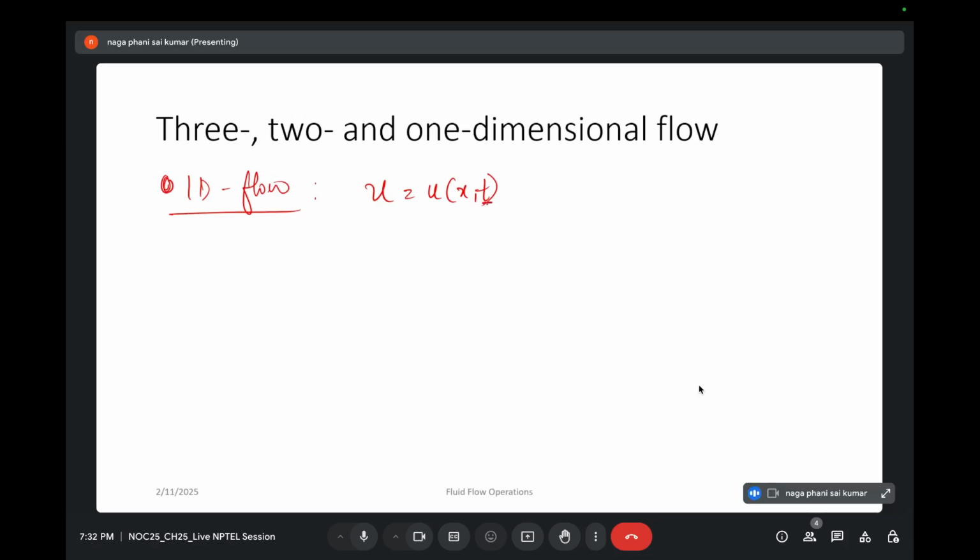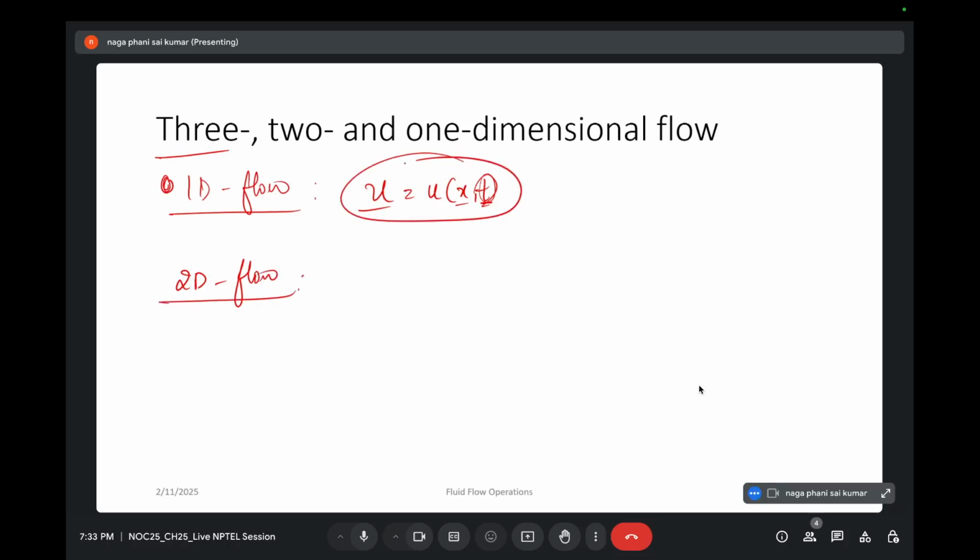Also it depends upon time, because we don't mention if this is a steady state flow or uniform flow, right. So velocity will be a function of the coordinate and time as well. Depending upon the condition of the fluid, these will be changing. If it is a steady state flow, this might not be a function of time, because with time it will be constant, right.